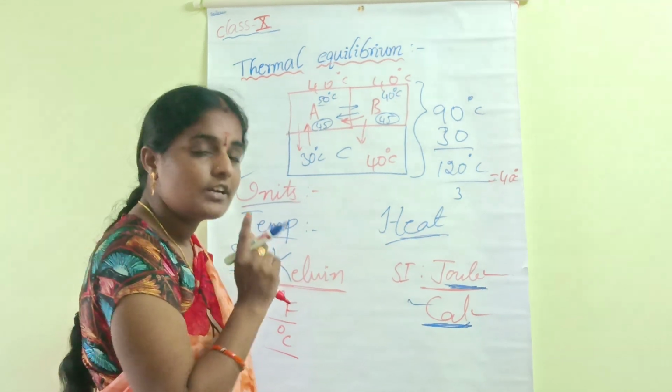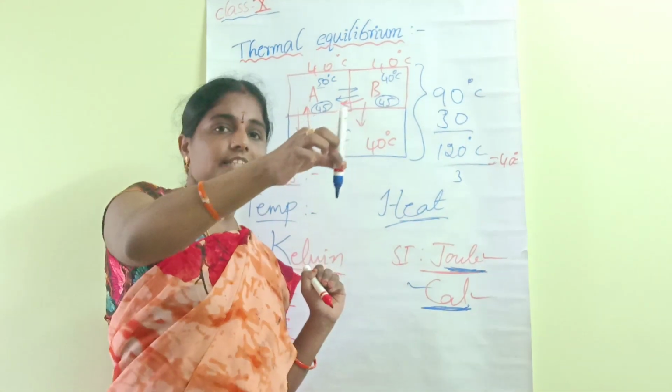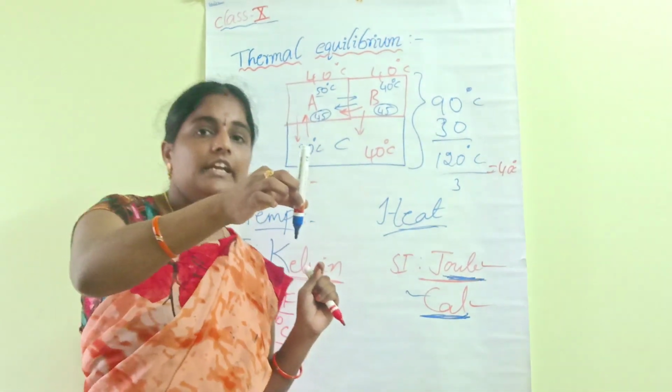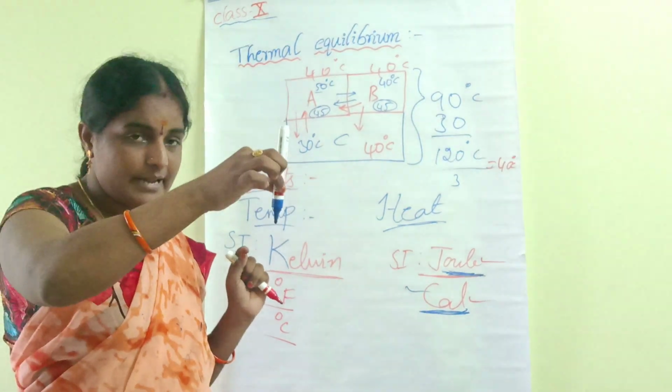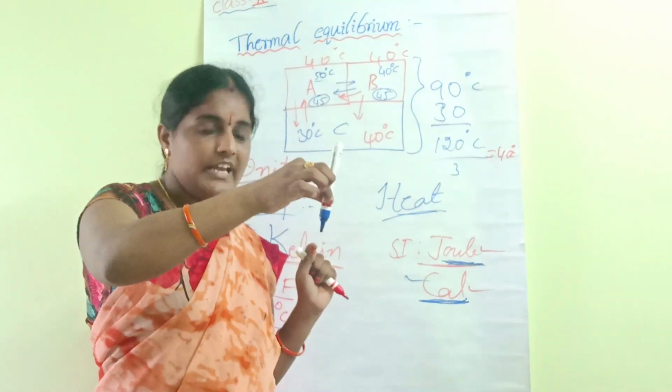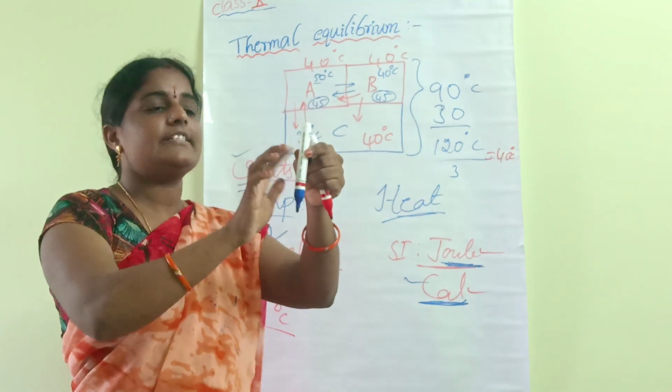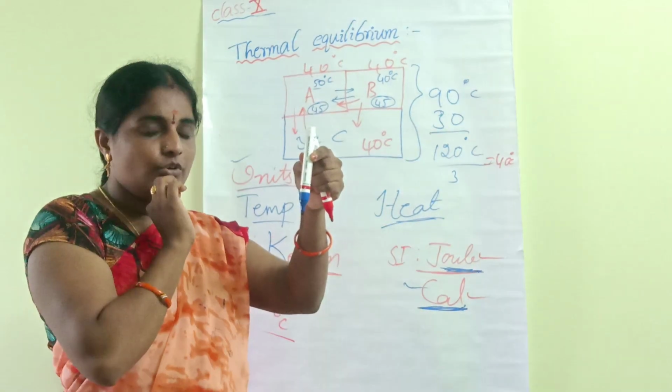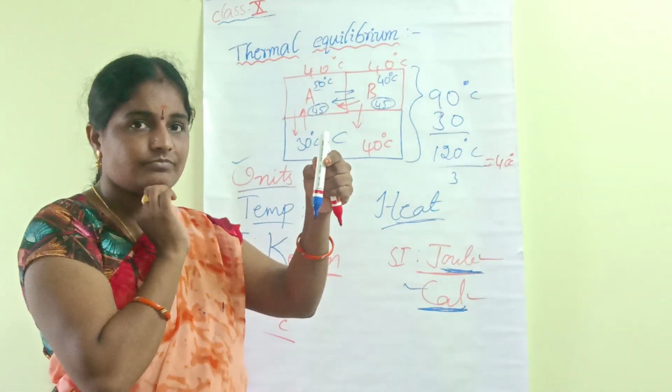I have taken a substance. For this substance, the mass should be 1 gram. We have to raise the temperature of this 1 gram substance through 1 degree Celsius.